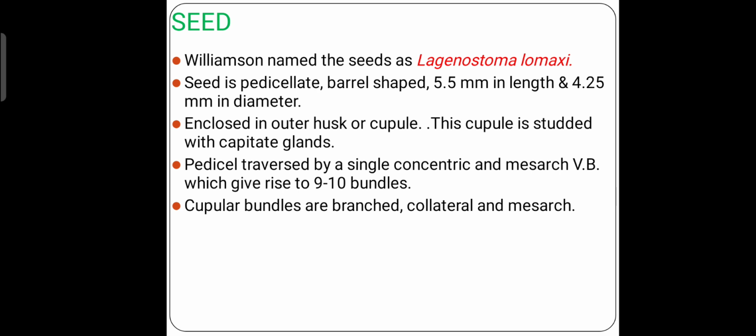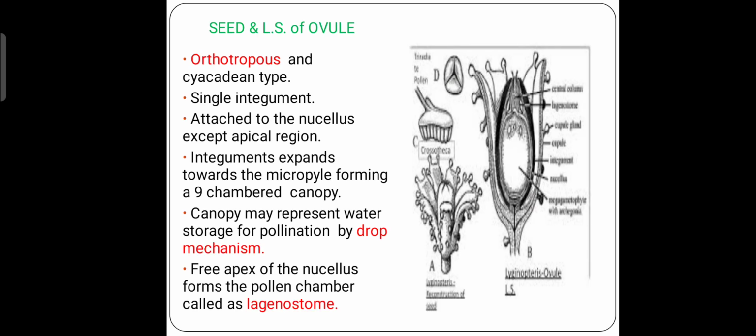Pedicel is traversed by a single concentric and mesarch vascular bundle which gives rise to 9 to 10 bundles. This arrangement we will see in the diagram on the coming slide. Cupular bundles are branched, collateral and mesarch. Here in the diagram you can see the structure of seed and longitudinal section of an ovule.